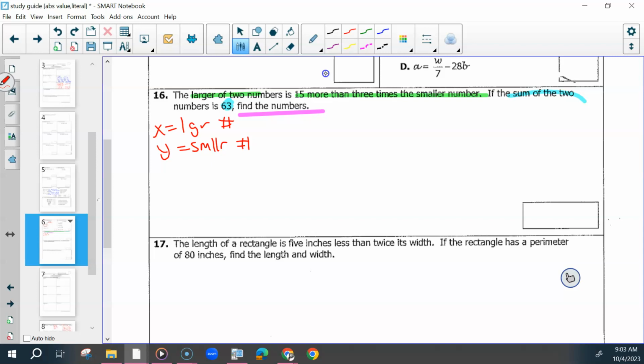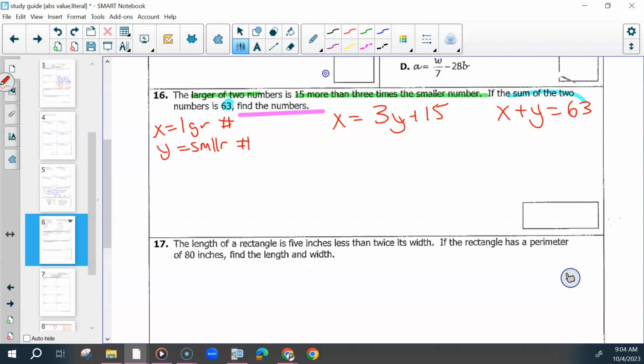The larger of the two, so this is talking about X, is 15 more than 3 times the smaller number. How could we set that up? I heard 3y, plus 15. Or if you put 15 plus 3y, that's fine. If you use s, that's also fine. We know the sum, so if we were to add x and y together, we would get 63.